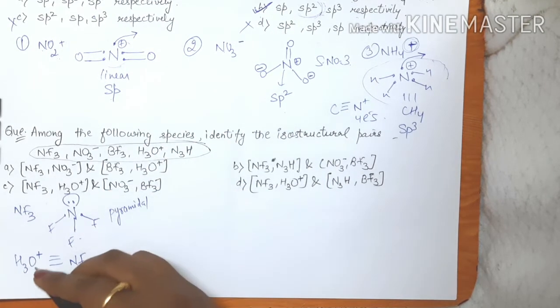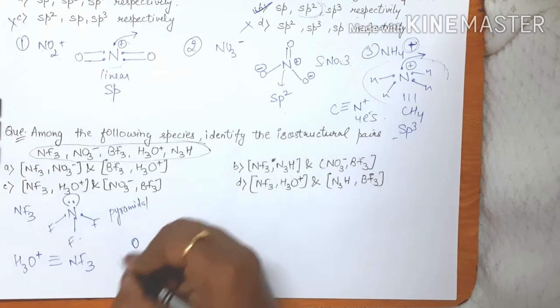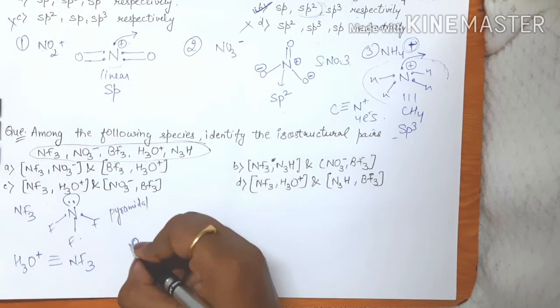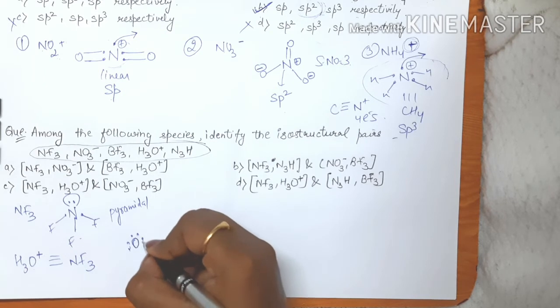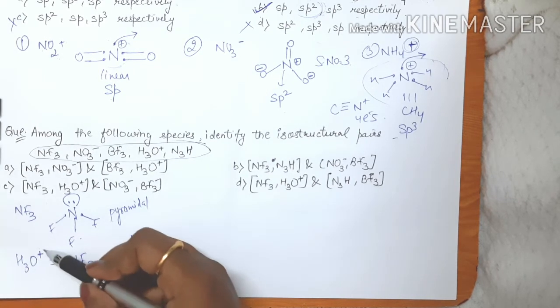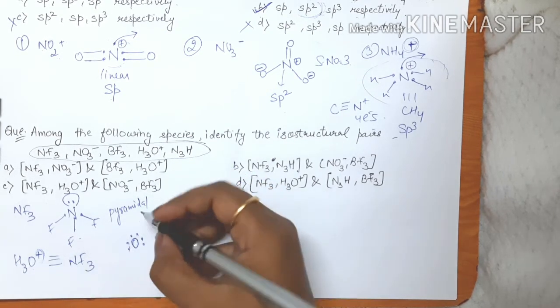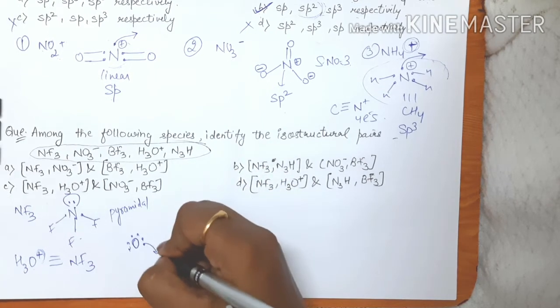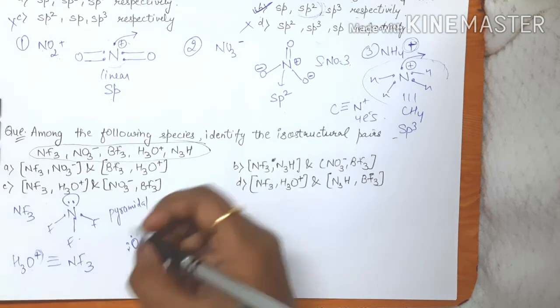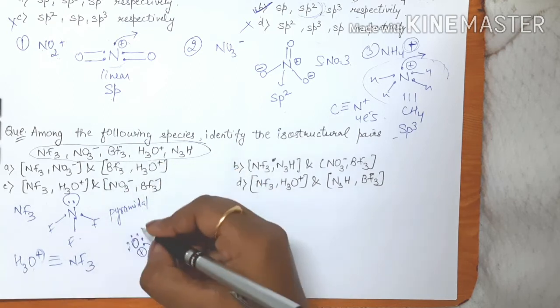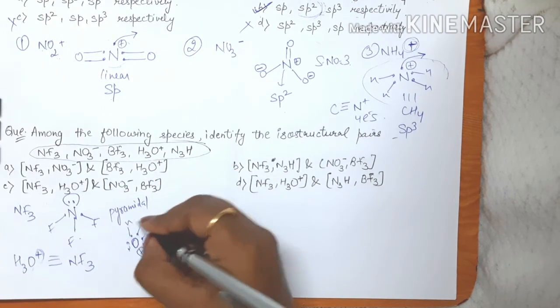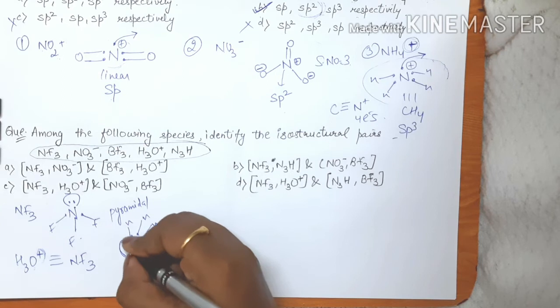Here oxygen is present like this. Oxygen is having 6 electrons in the valence shell, but if we want to introduce positive charge on this oxygen, then we have to remove one electron and introduce the positive charge. Now this oxygen is attached with 3 hydrogens and there is one lone pair present.